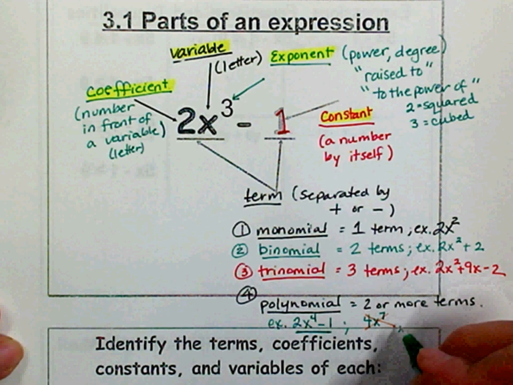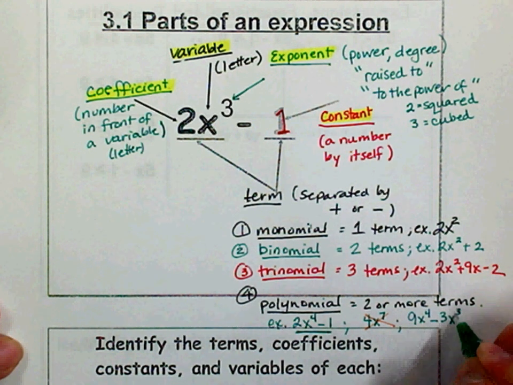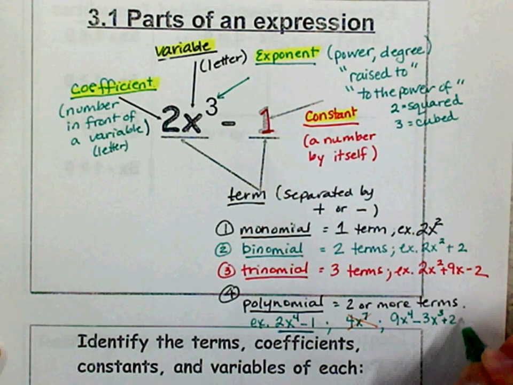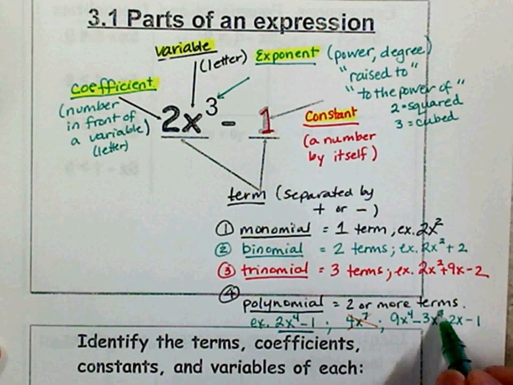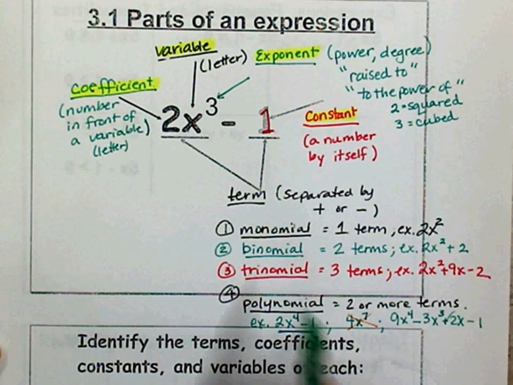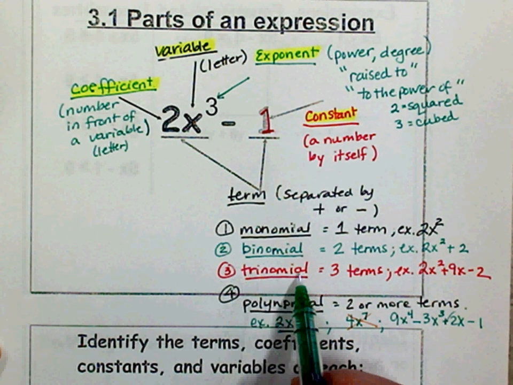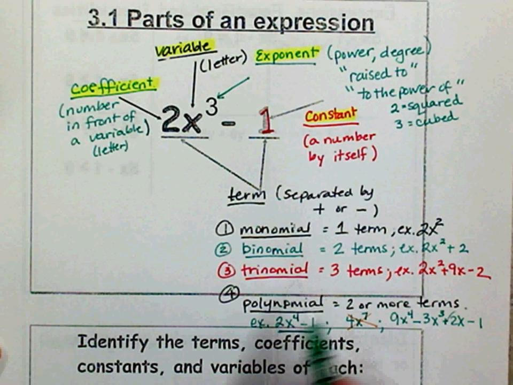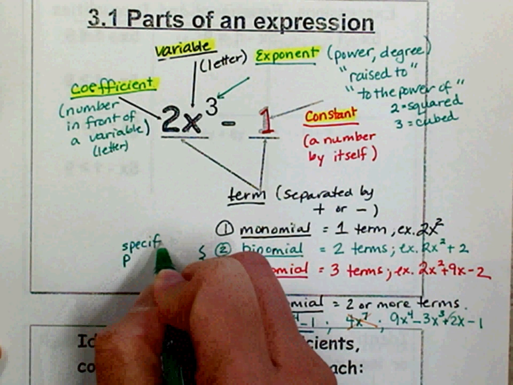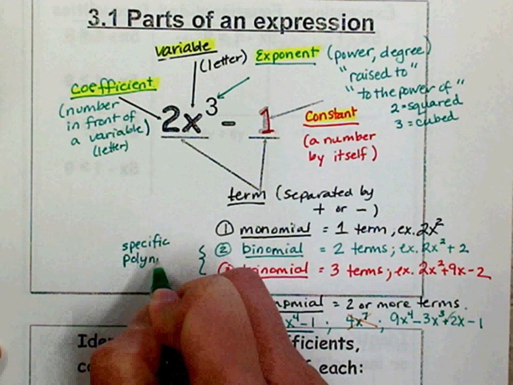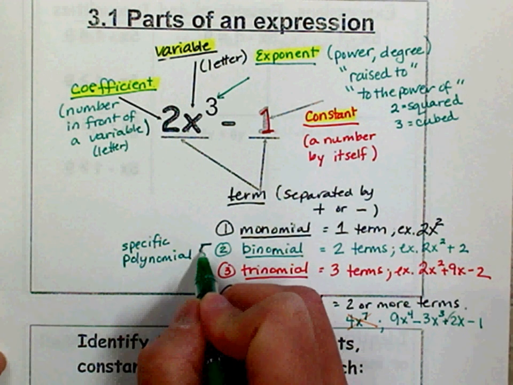Is 9x to the fourth minus 3x to the third plus 2x minus 1 a polynomial? Yes, because there's 1, 2, 3, 4 terms. Is a binomial a polynomial? Yes. Is a trinomial a polynomial? Yes. So these two are also specific polynomials. Okay? So that's a specific polynomial, these two right here.